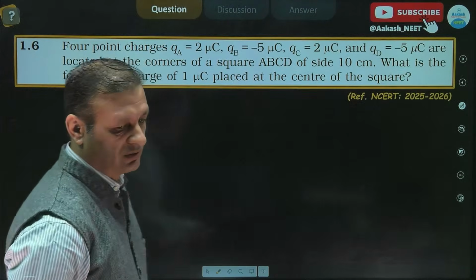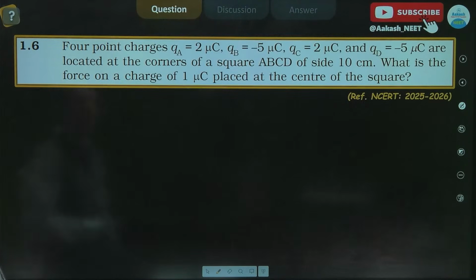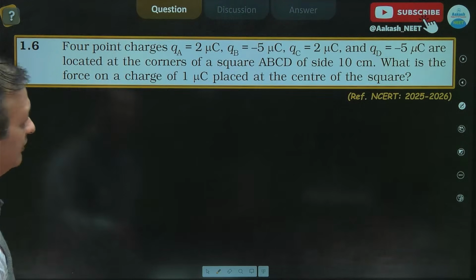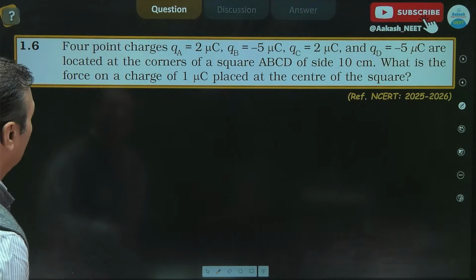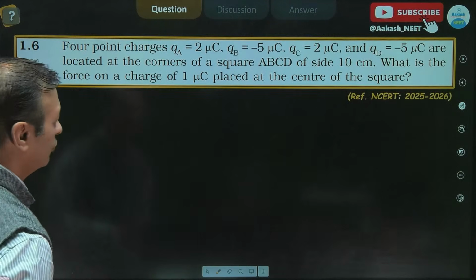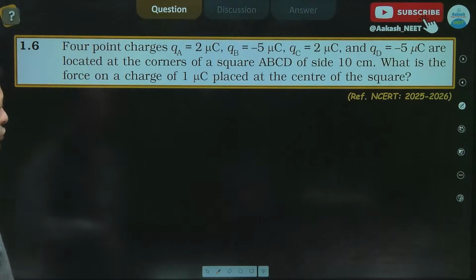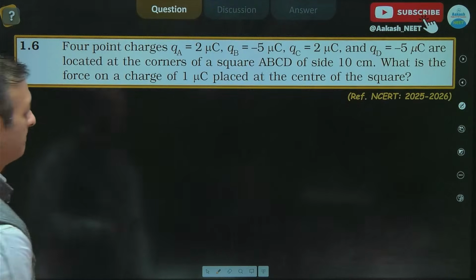Now we have the next question. Four point charges QA, QB, QC and QD are all located at the corners of a square ABCD of side 10 centimeter. What is the force on a charge of 1 microcoulomb placed at the center of the square? Fine.